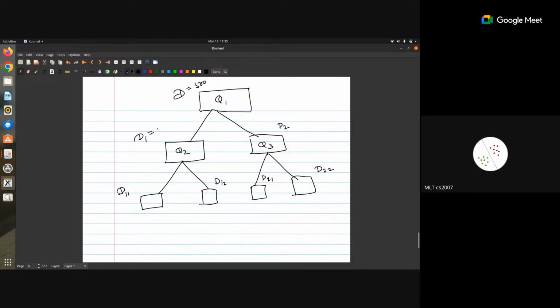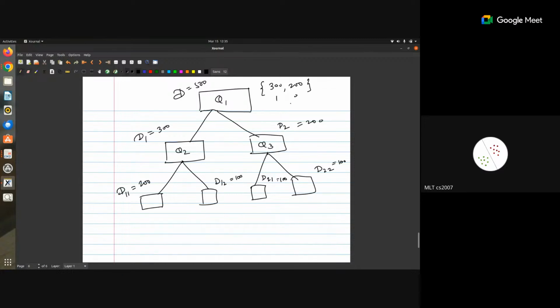When it is partitioned, it becomes 300 here and 200 this side. Now after the partitioning, let's say we had 200 here, and here it's 100, here it is 100, and here it is 100. Suppose we're just assuming it. And in this 500, we have, let's say, 300 positives, 200 zeros.